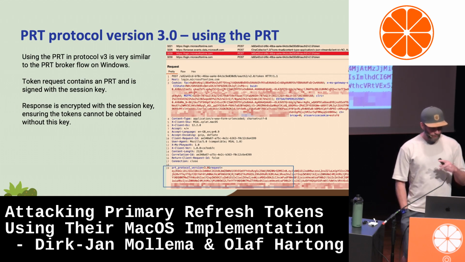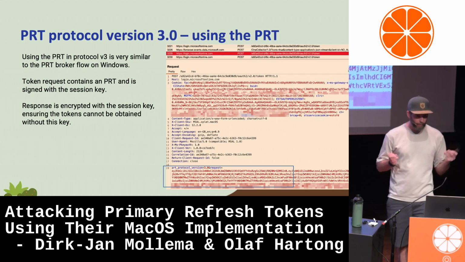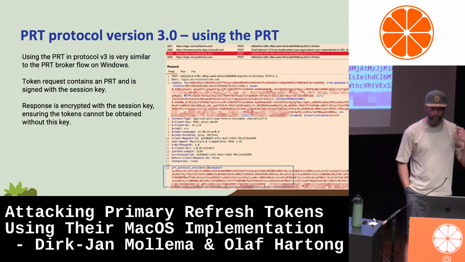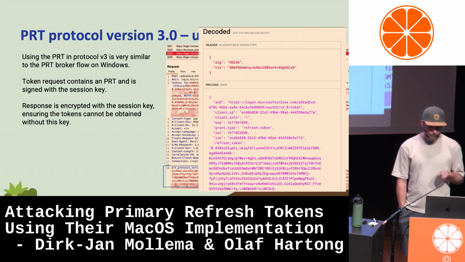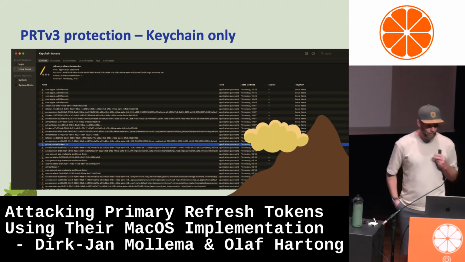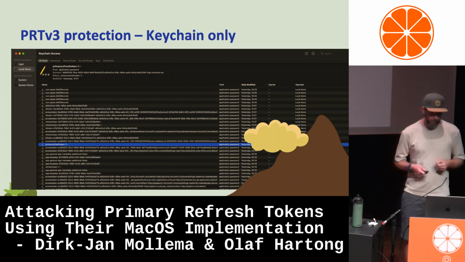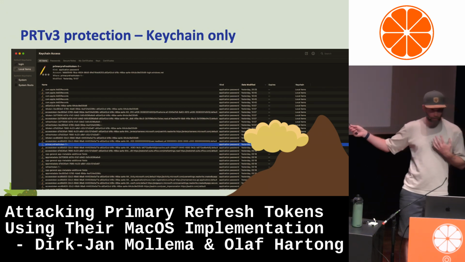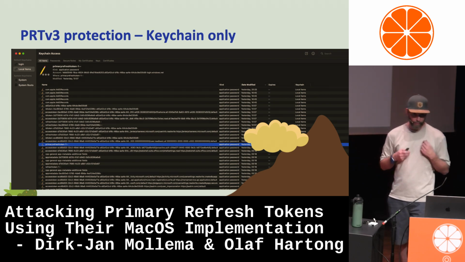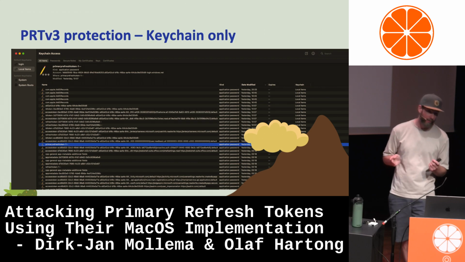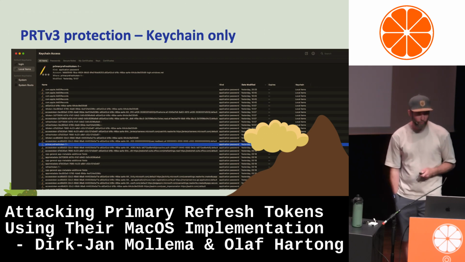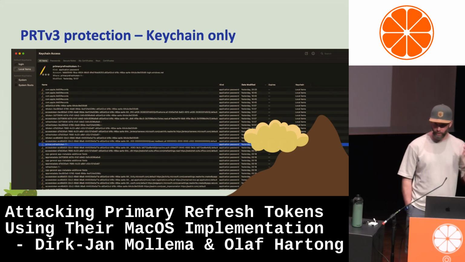But the response is equally encrypted, and it has a session key to allow you to prove that you have access to it. And this is just a screenshot of how it looks. On the keychain, as I mentioned, it's stored in your local keychain. If you have an iCloud enabled account, it will be in your iCloud, which has additional risks, of course, if you can imagine you get phished on that.